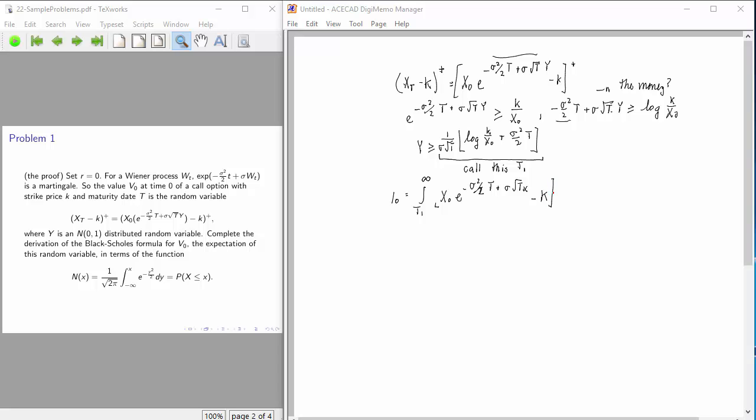And how do we calculate the expectation of that function of our random variable? Well, I used the variable of integration x, where I had a y before, and then we have to multiply by the density function, 1 over square root of 2 pi e to the minus x squared over 2, and we've got to integrate over x.